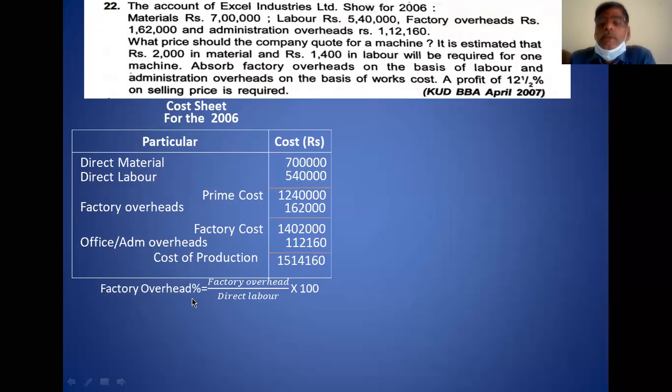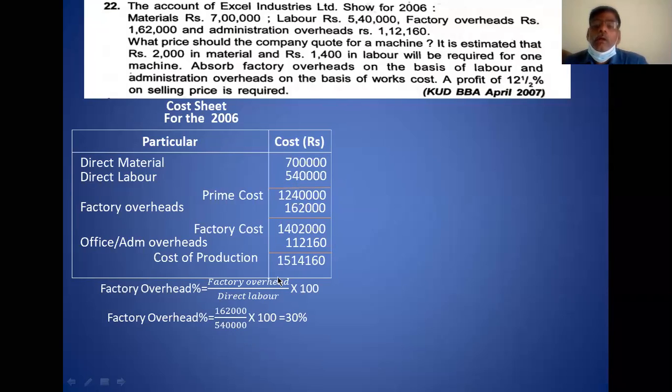Factory overhead percentage is equal to factory overhead divided by direct labor into 100. You fill in the available information. Factory overhead is 1,62,000. Labor is 5,40,000.